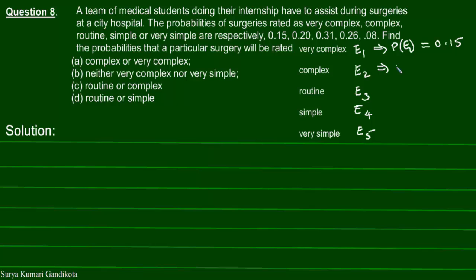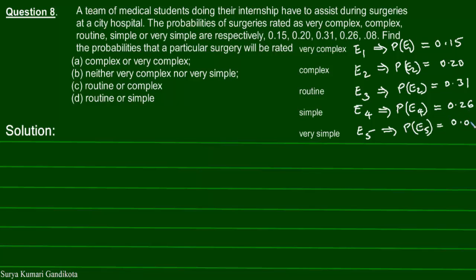Then P of E2 is given to be 0.20, P of E3 is given to be 0.31, P of E4 is given to be 0.26 and P of E5 is given to be 0.08. Now, let us start with the first combination, that is complex or very complex. So, part A: complex is E2, very complex is E1.